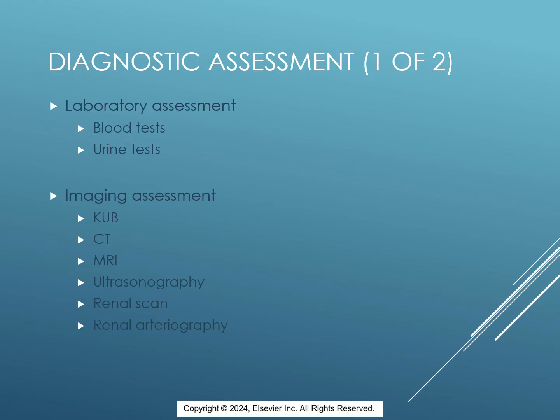Normal 24-hour sodium should be 40 to 220 milliequivalents per day. Urine electrolytes, random sample: greater than 20 milliequivalents per liter is normal. Reflects hydration and salt intake.